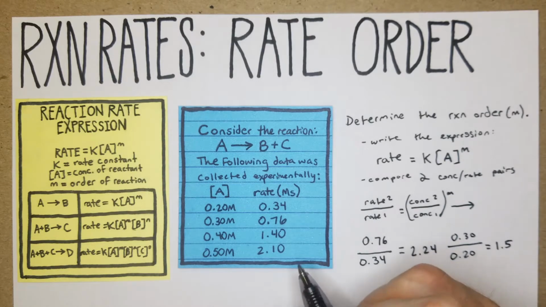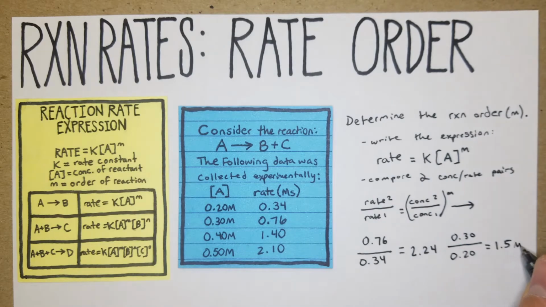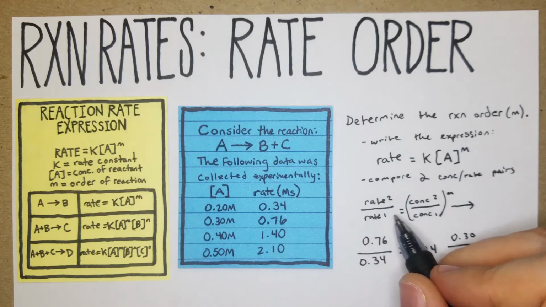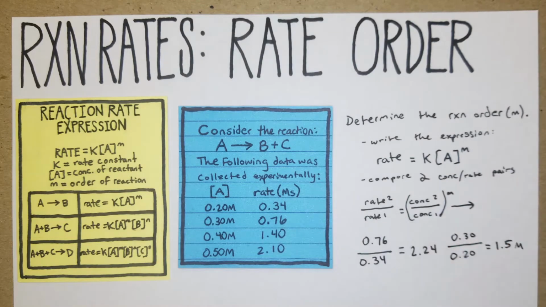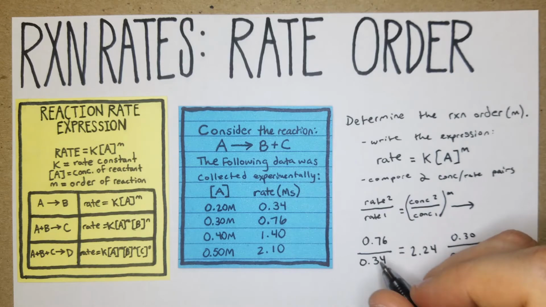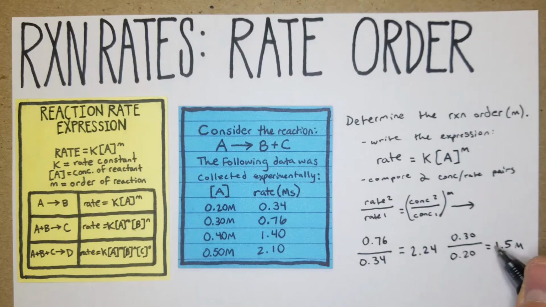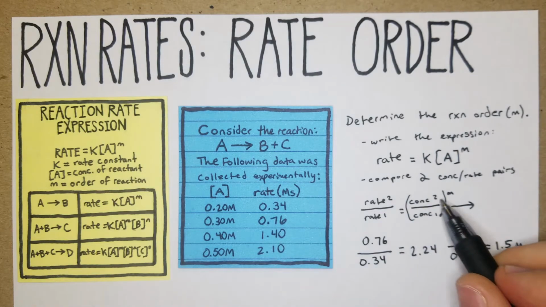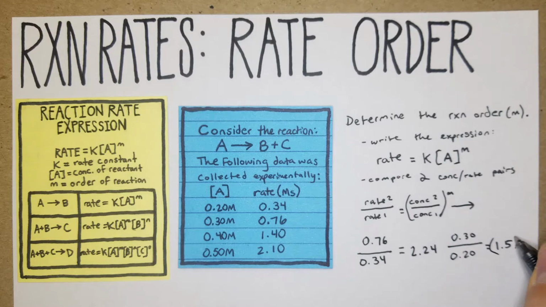That was our rate ratio, and this is theoretically M. Now we can plug into this formula: we have the 1.5 for the concentration ratio, so 1.5 to the M. If you can't tell what it's going to be, you just log both sides.